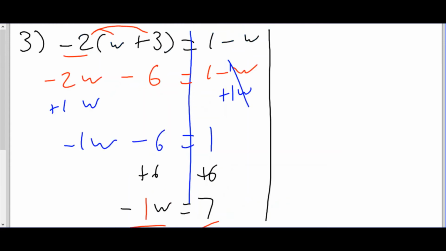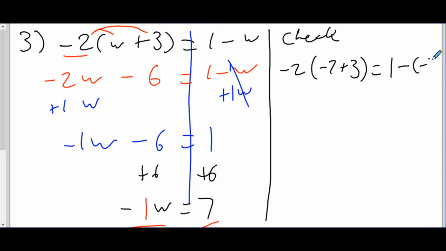I'm going to show the check for this one because sometimes students get confused with all the negatives. So I would check this by writing negative 2 times a negative 7 plus 3 equals 1 minus a negative 7. So be careful here that you keep the minus in the original problem and write down the negative 7.